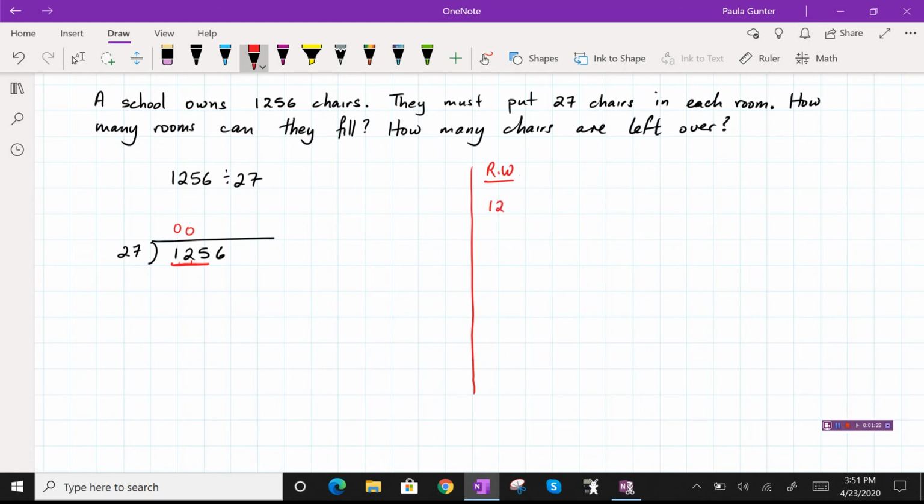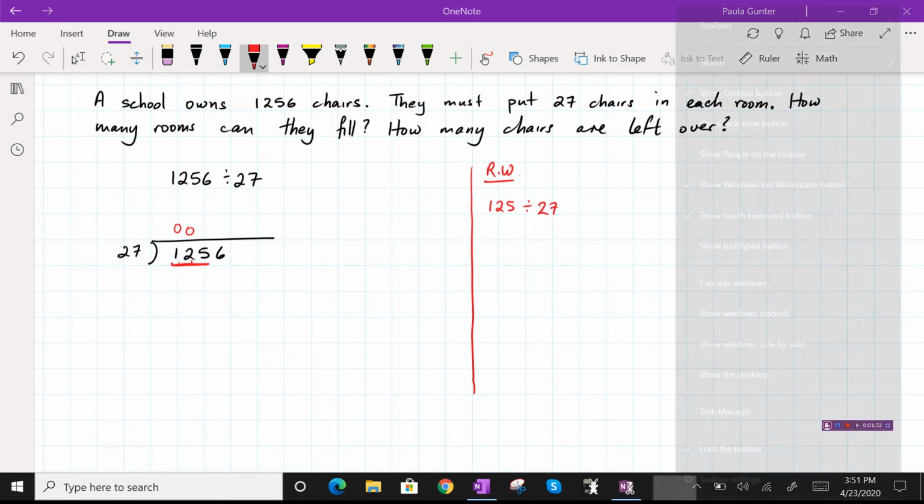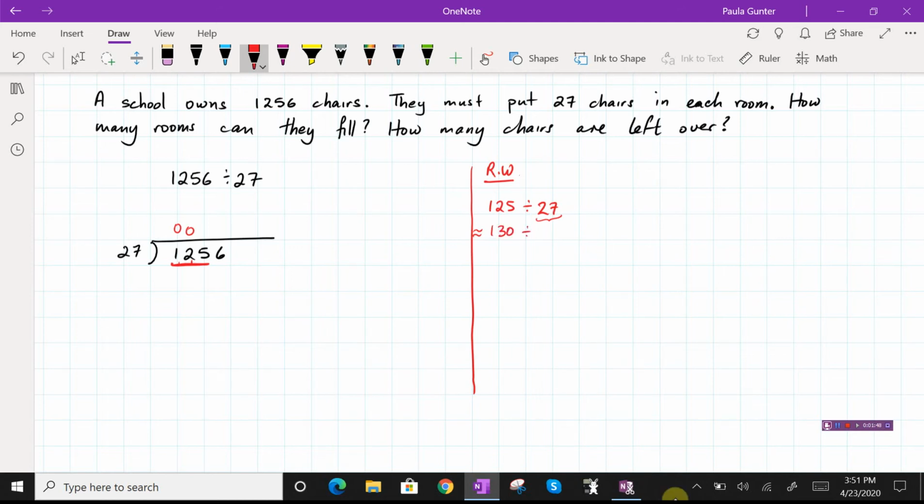So we have 125 divided by 27. Remember that we are rounding to the nearest tens. So this is approximately 130, and here we have 30.